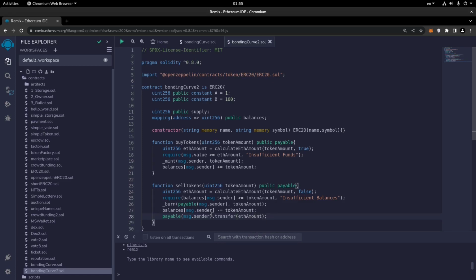So that's it for the sellTokens function.